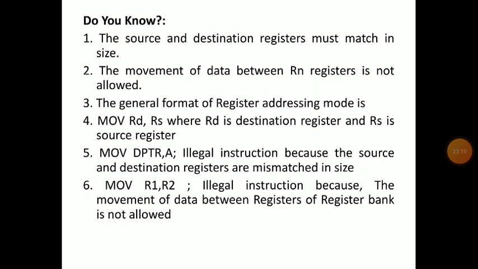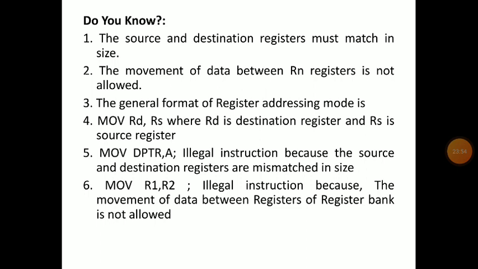And the fifth point is MOV DPTR, A. That is an illegal instruction, because the source and destination registers are mismatched in size. Why? Because DPTR is a data pointer register which is 16 bits long, and A is the accumulator register, a general purpose register that has only 8-bit size. So this is an illegal instruction.